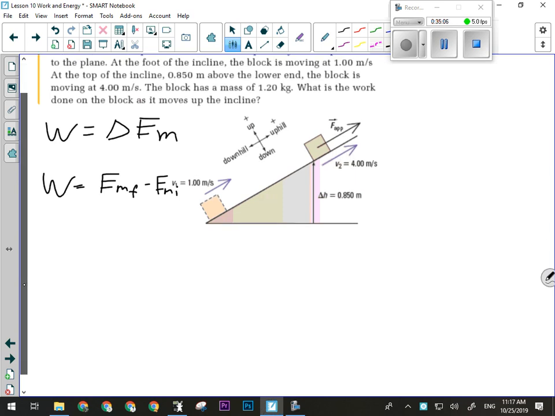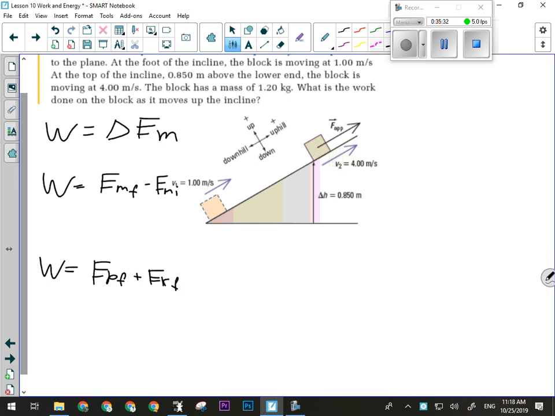Now a minute ago you told me I calculate mechanical energy by adding potential and kinetic. So I'm going to expand this out again and say the work done here is going to be potential final plus kinetic final.